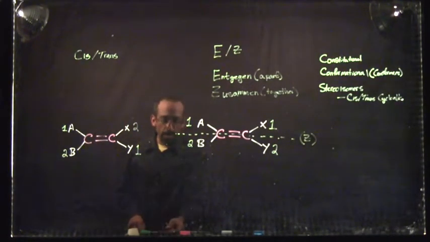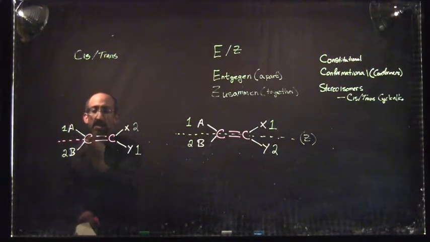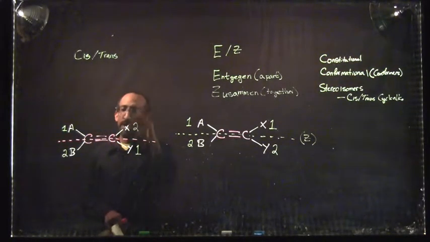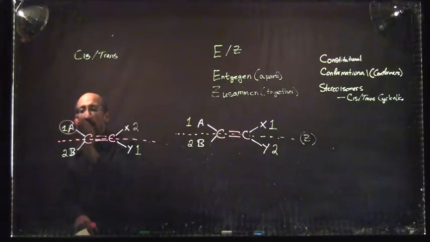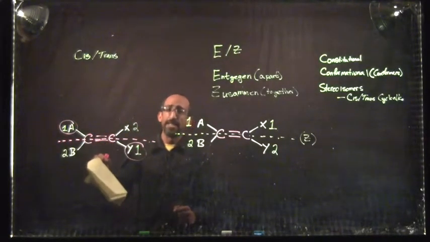Here now, if we repeat the process and draw our imaginary plane dividing our alkene top and bottom, we see that our highest priority groups are on opposite faces of that alkene, right?